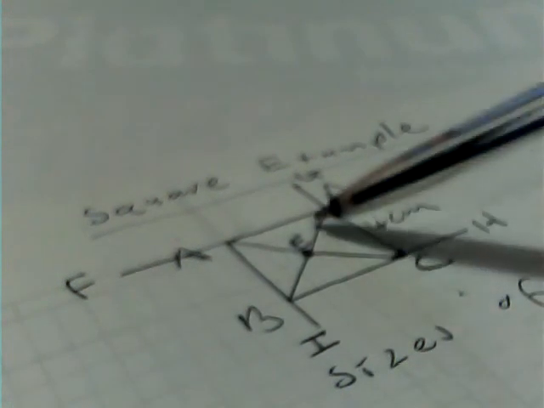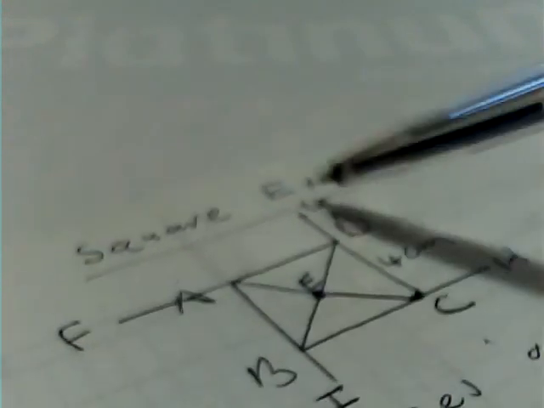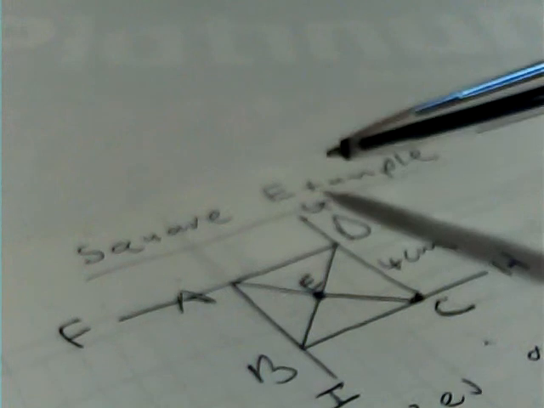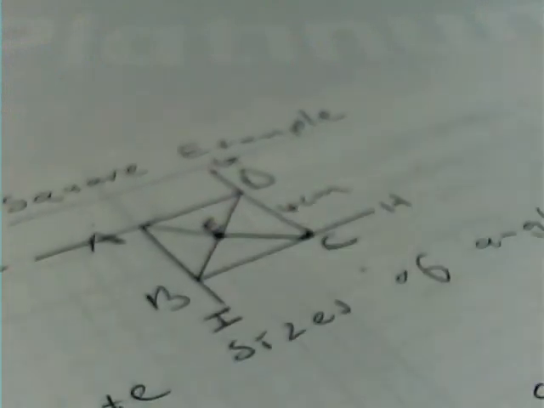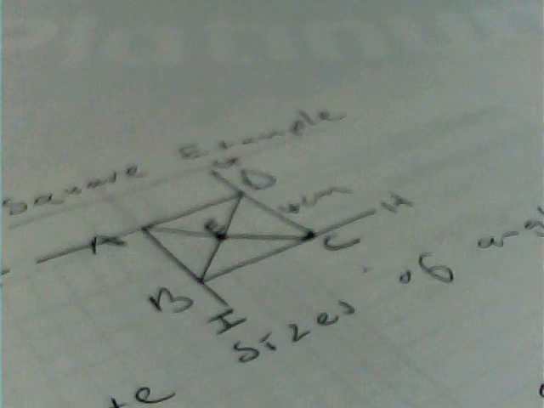We extended line CD to form a line CDG. We extended AB to form I, and we extended BC to form H. So we are going to work with this square as an example of how to do some of the calculations.